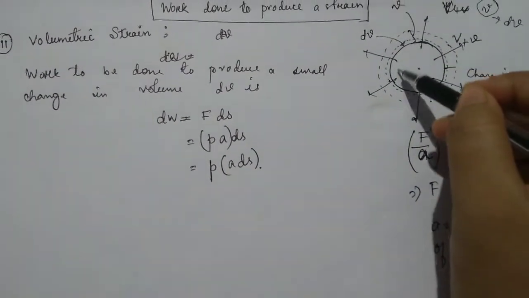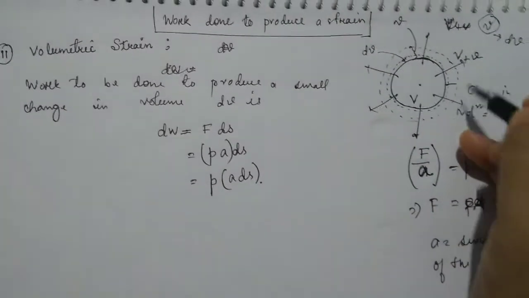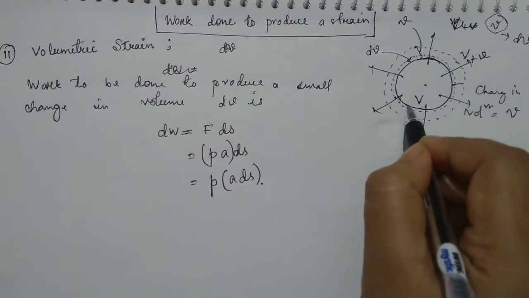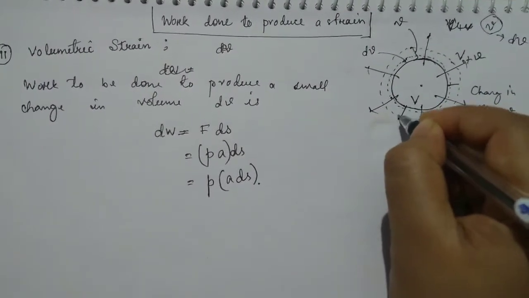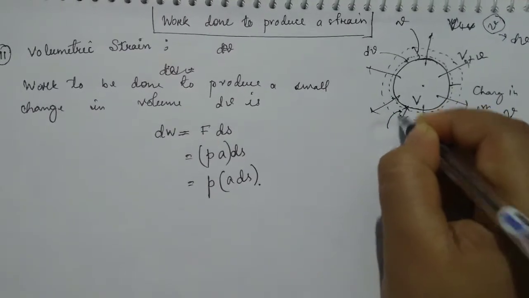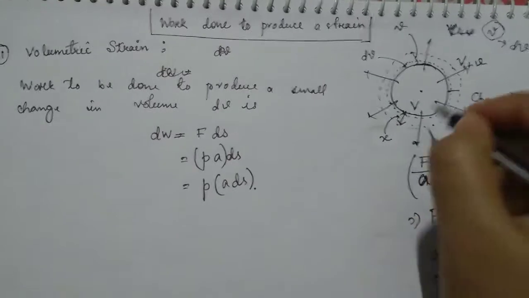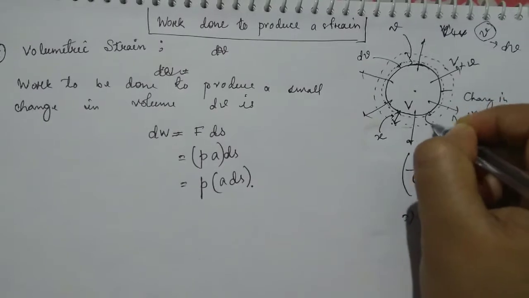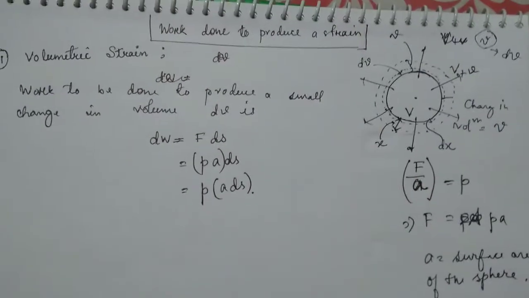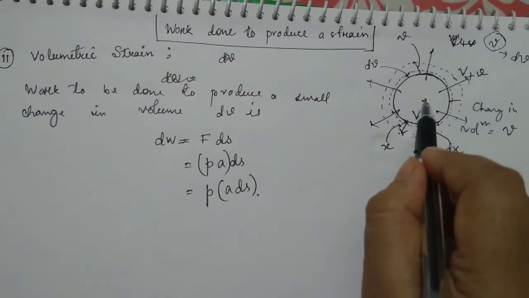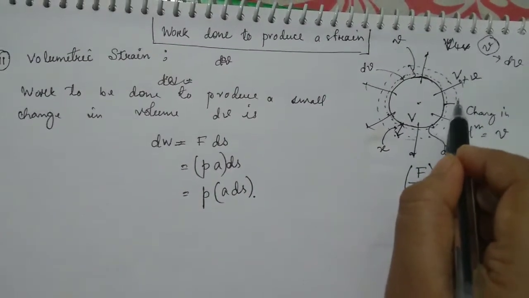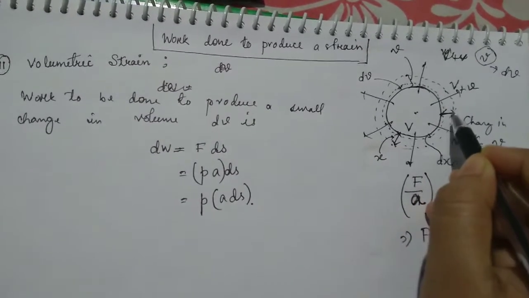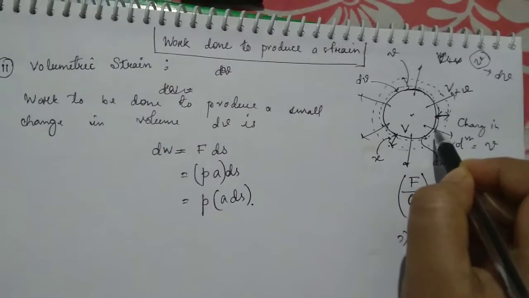So dW equals P A ds. Now, A is the initial surface area of the sphere, and ds is the distance moved. Say that when the volume goes from here to here, the surface travels through a linear distance x, and the small part of this is dx. When the sphere gets bigger from the solid sphere to the last dotted sphere, the surface has traveled through a distance x, and the small part of it is dx.